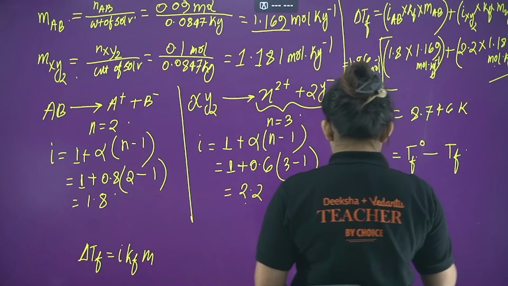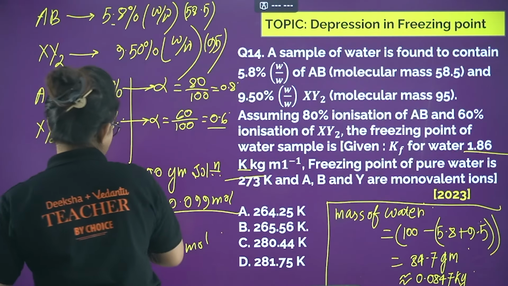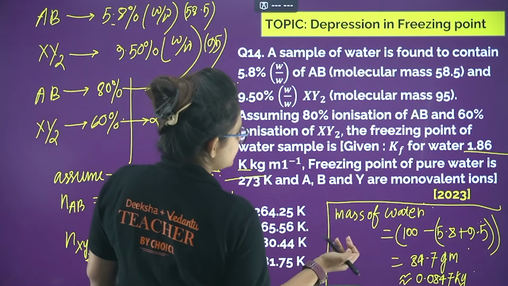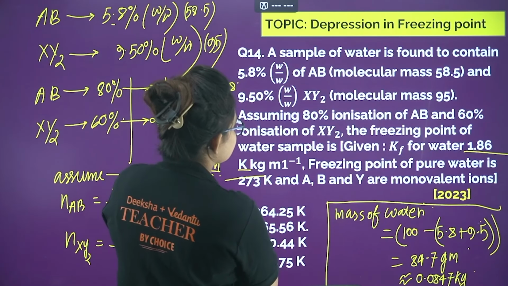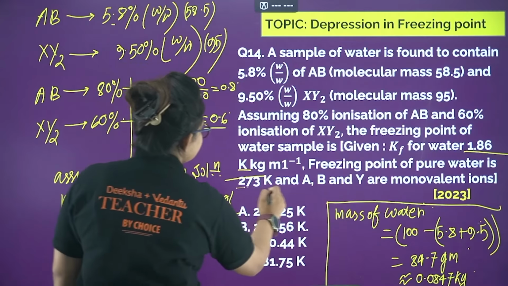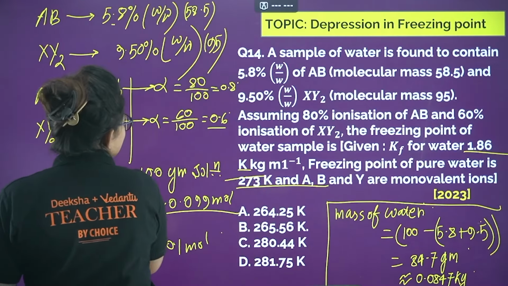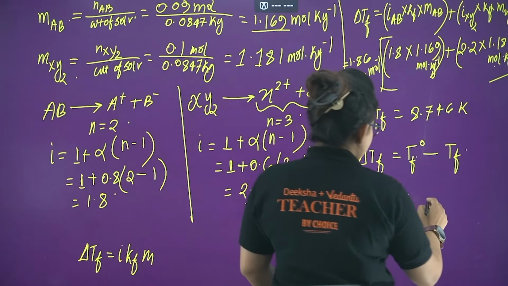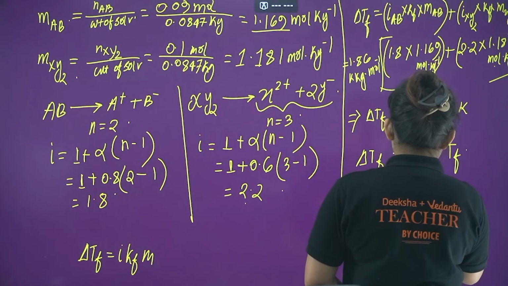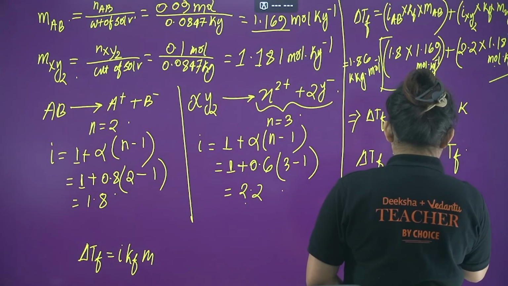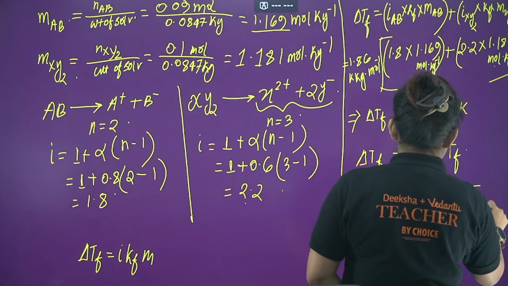8.746 and TF0, if it is given, let me check. TF0 is 273 Kelvin. Okay, so let's put TF0 here, 273 minus TF.